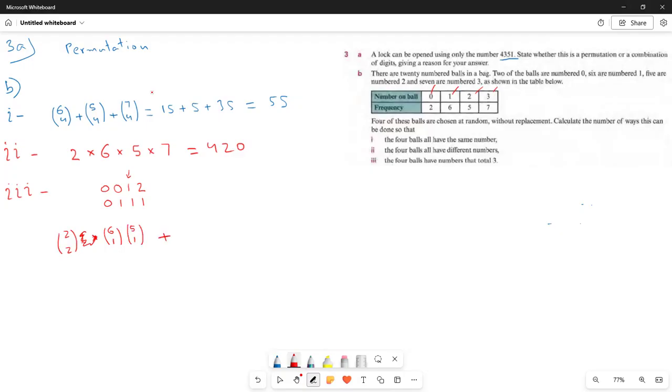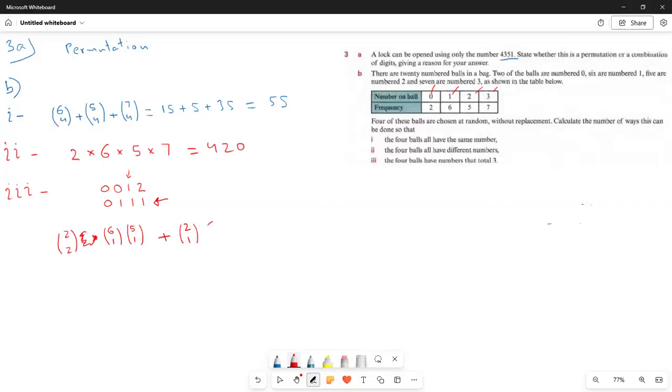Now for the second one. How many ways can I get zero? There are two balls, so it is 2 combination 1. If two balls have zero on them, I can choose the first one or the second one, so there are two different ways. Then how many ways can I get one, one, one? Six balls have one written on them, so I need to get three of these six balls.